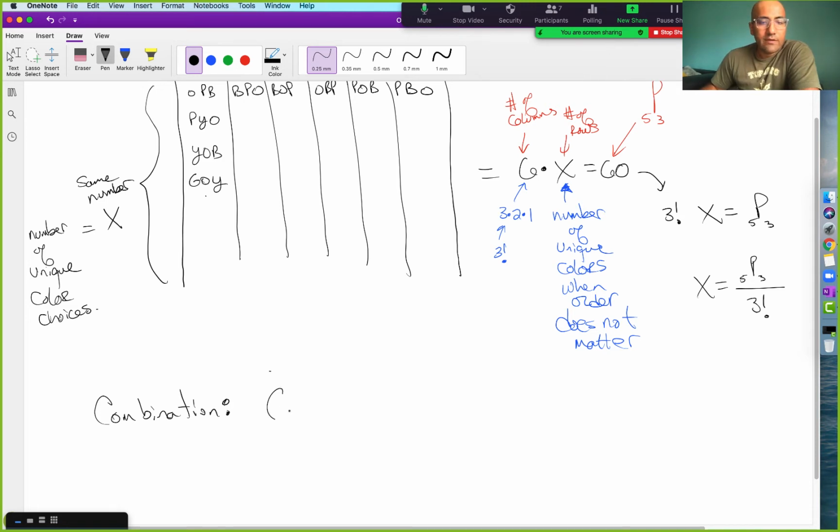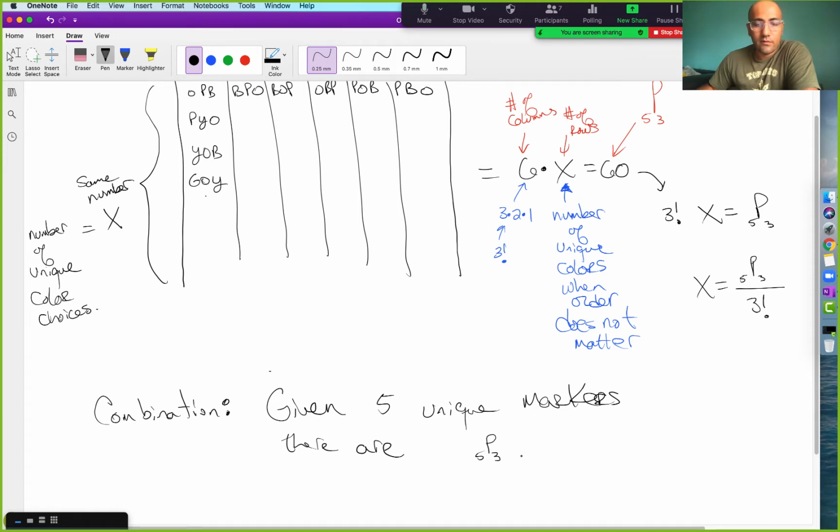Given, well, I'll just do it for this one. Given 5 unique markers, there are permutations of 5 choose 3, divided by 3 factorial.